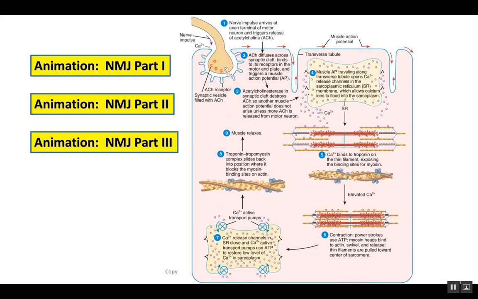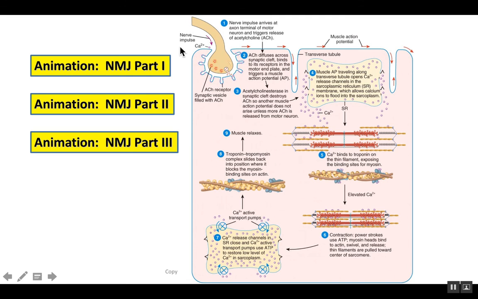Here's where we put everything together. This is kind of an all-encompassing review. There's a number of animations, again, on Canvas. These are the more fancy animations that are really jazzed up with a lot of effects. So I would hold off on watching these animations until you have a fairly decent understanding of the process.